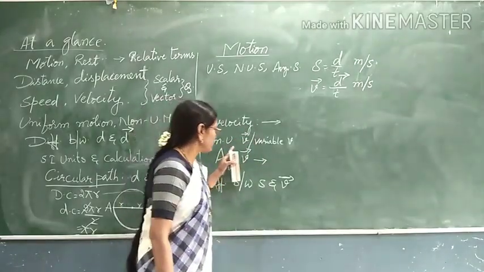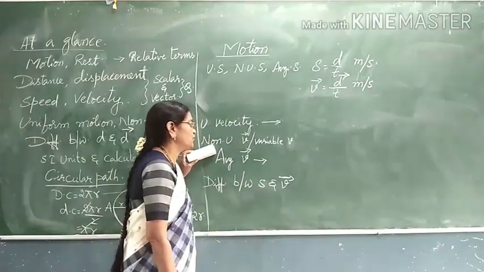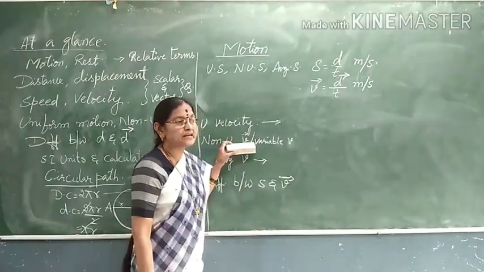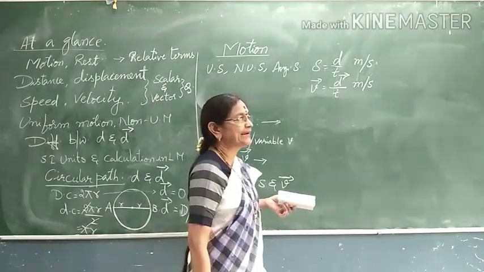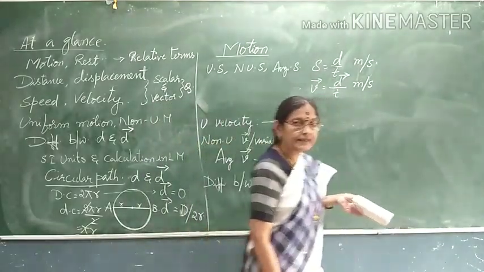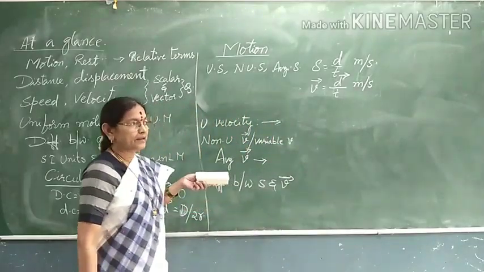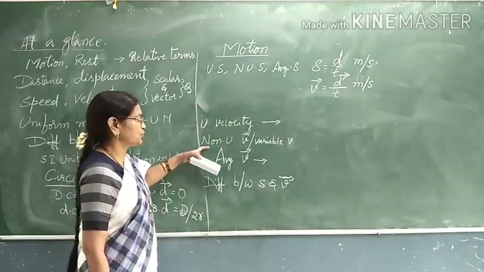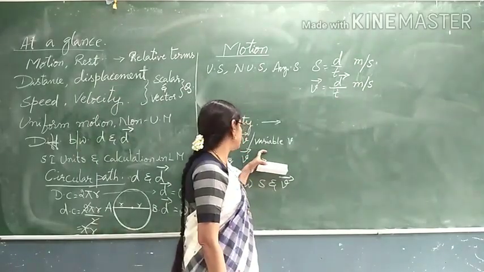Then coming to non-uniform or variable velocity: when a body is moving in a particular direction and displacing unequally in equal intervals of time, or equally in unequal intervals of time, it is known as non-uniform or variable velocity.